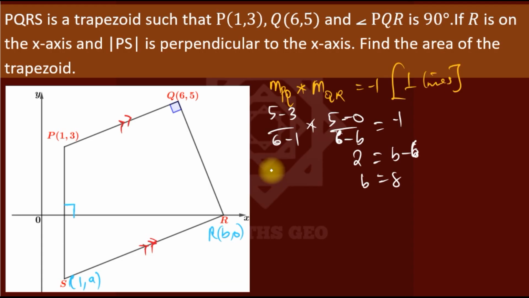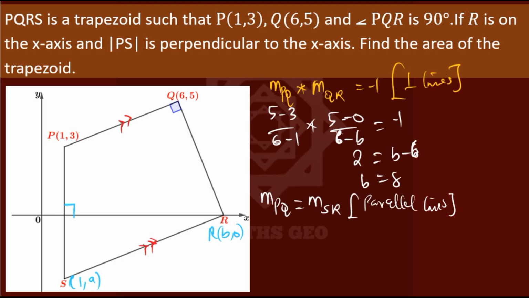Now to get the y-coordinate of vertex S. As you can see, the lines are parallel, so we use that same property: the slope of PQ will always be equal to the slope of SR. Yes, that's for parallel lines, their slopes are the same.